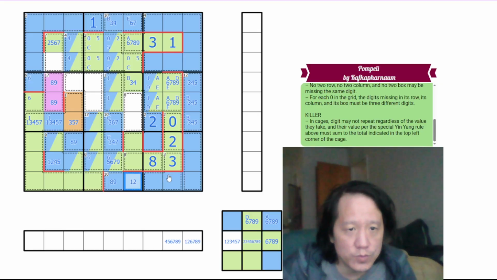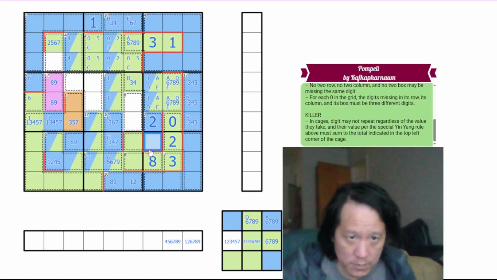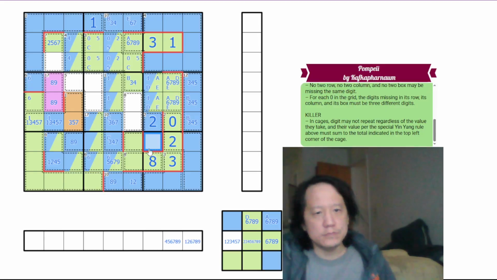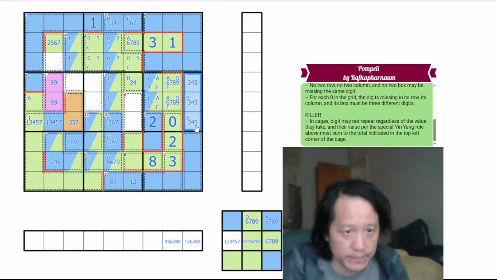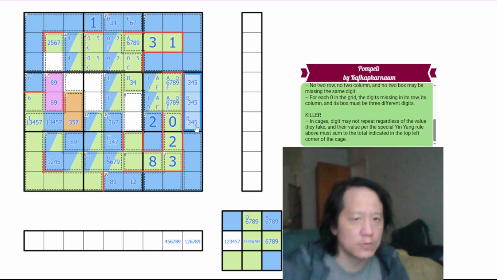What else do we have? We know B is one of those two. C has to be one of those three.